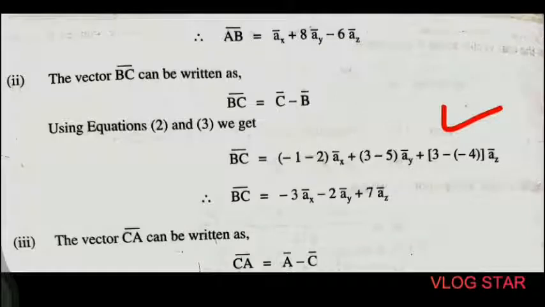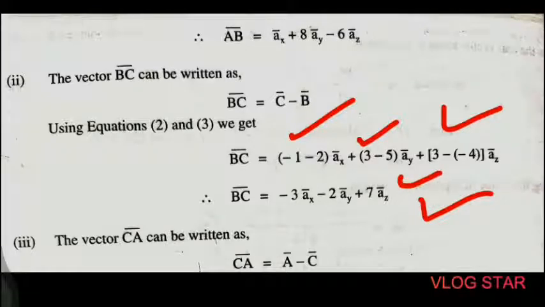So after subtraction we will get the value of BC bar vector equal to (-1 - 2) = -3 ax bar plus (3 - 5) = -2 ay bar plus (3 - (-4)) = 3 plus 4, that is 7 az bar.